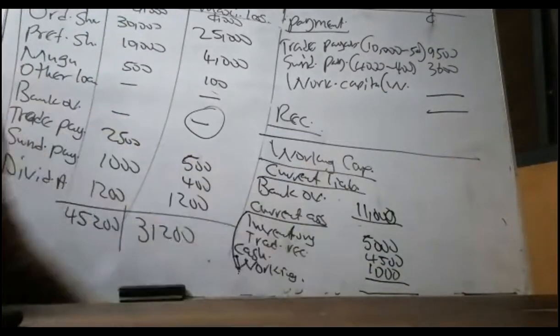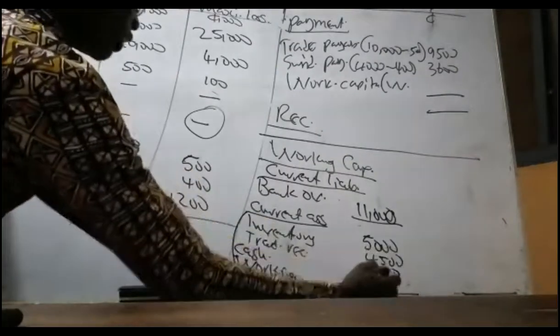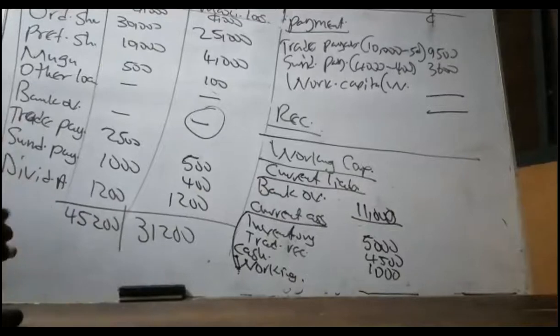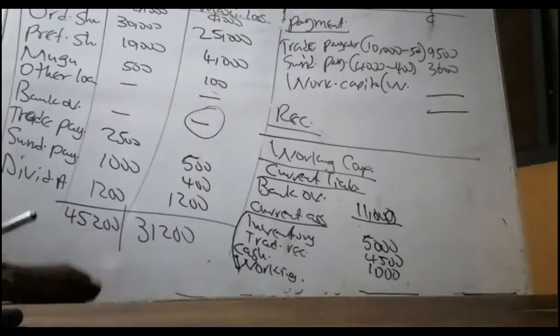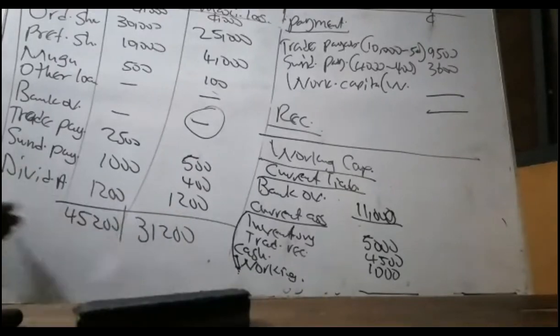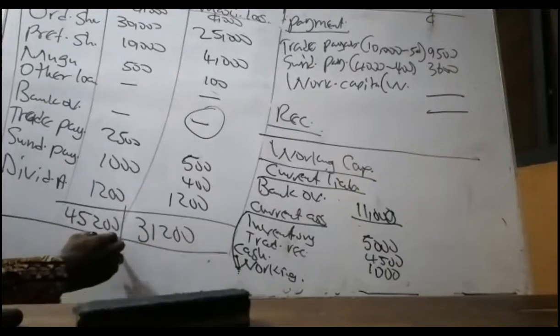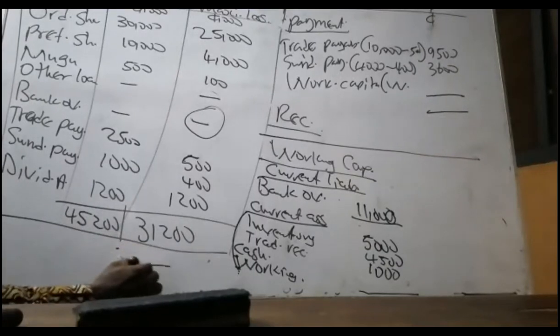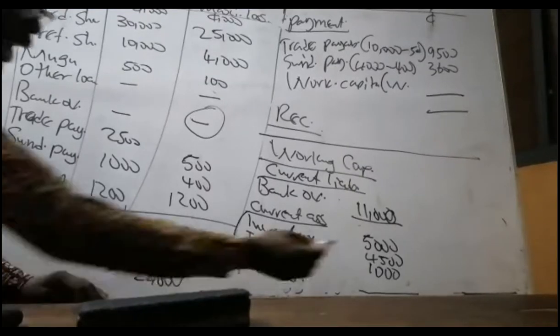So putting all this together, you underline it and write the 22,000, but I don't have space there. Let me shift it up there. So let's assume that this is the 22,000. If you underline it, you get 22,000. Kindly add all this.